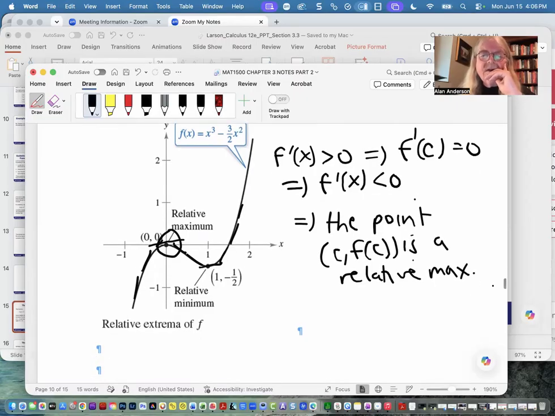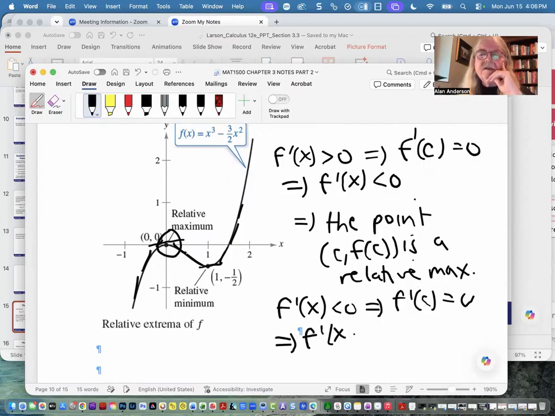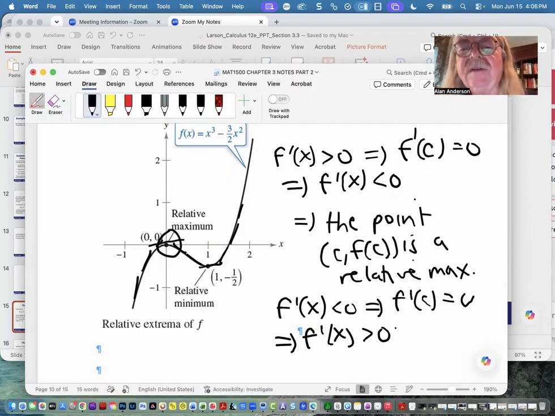And then if it's the other way around, so this is very awkward. I guess this is not the best notation. I'm just trying to indicate that on the left we have positive, then we go to 0, then we go to negative.